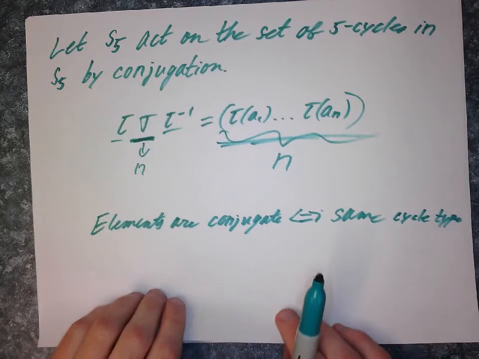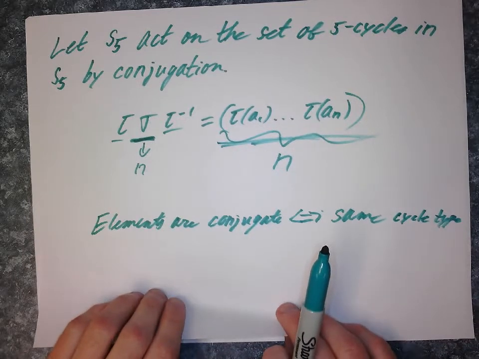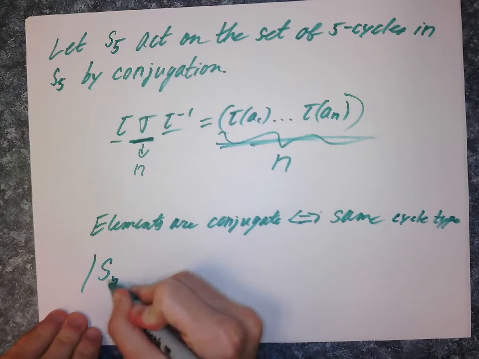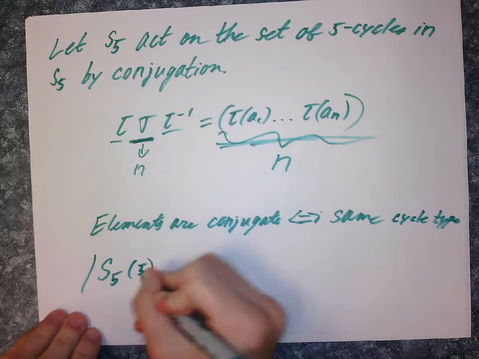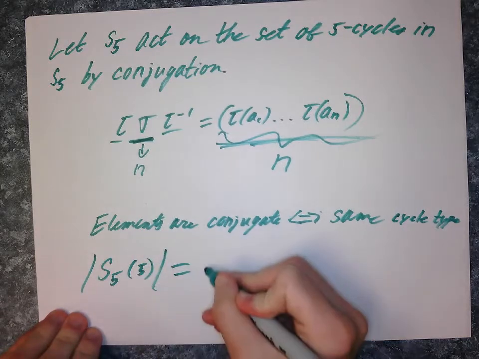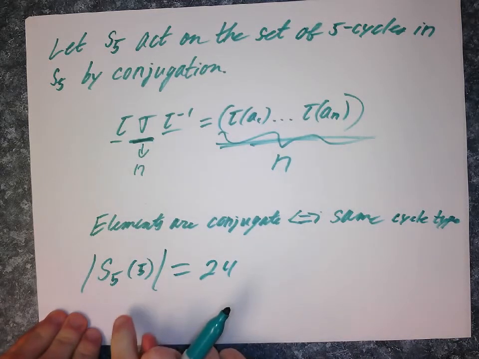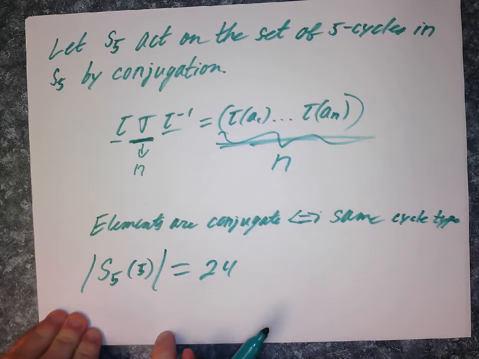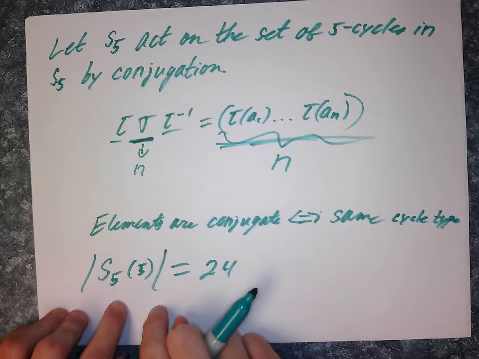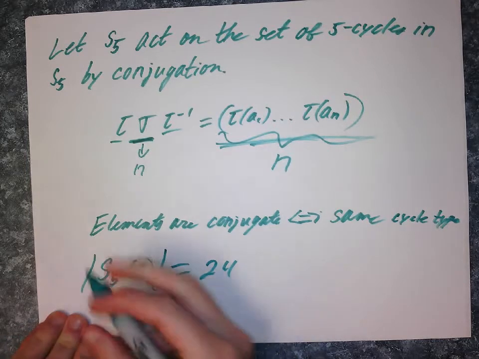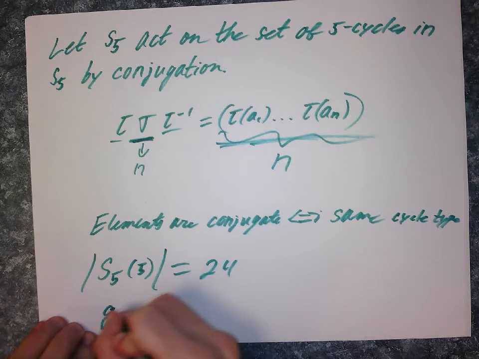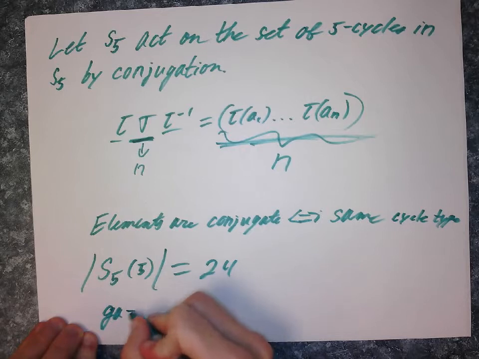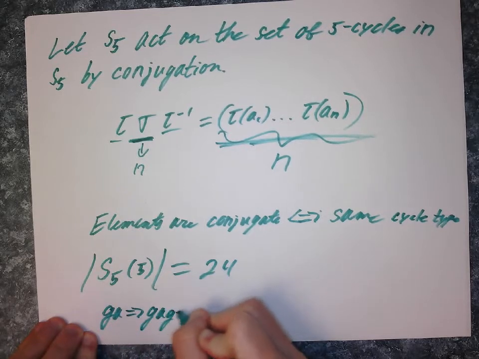Moving on. Now we're going to look at orbits, or the conjugacy classes. The orbit of any 5 cycle in S5 is going to be 24, because we said that the cycle types are the same as the conjugacy classes. The definition of an orbit is G·A, where this is the action of G on A, but in this case, it really should be written like this.